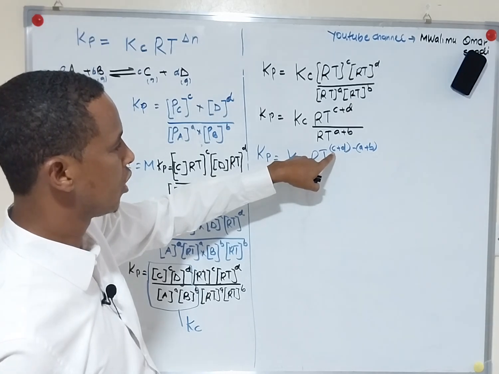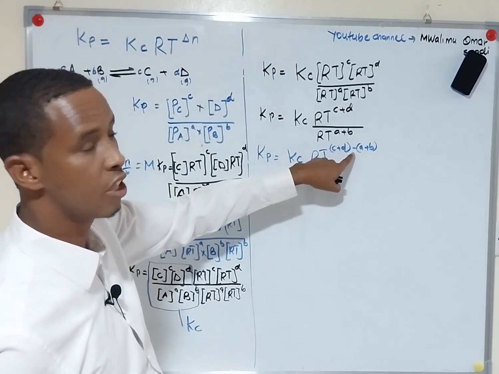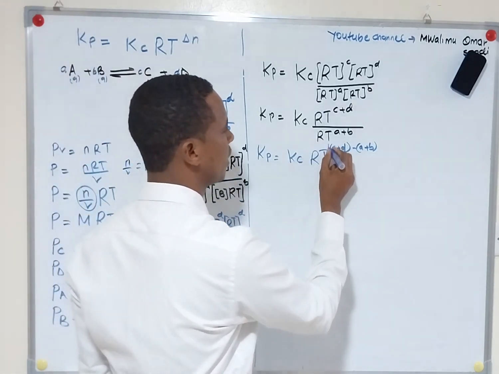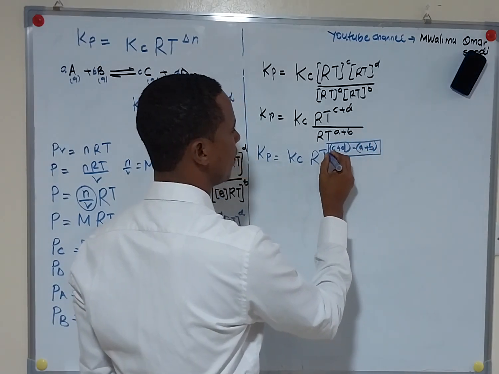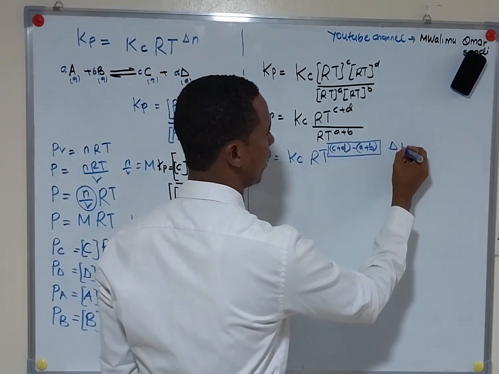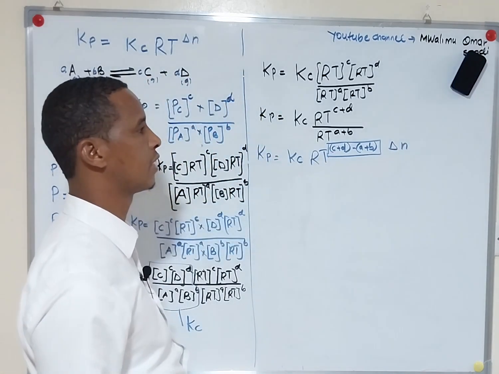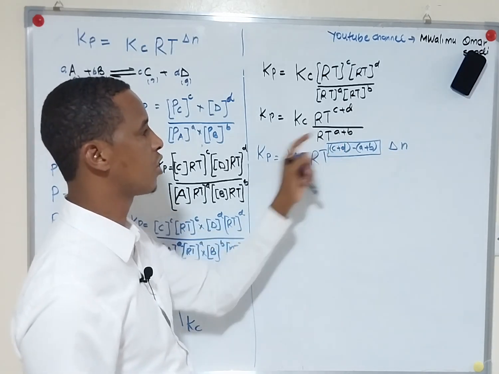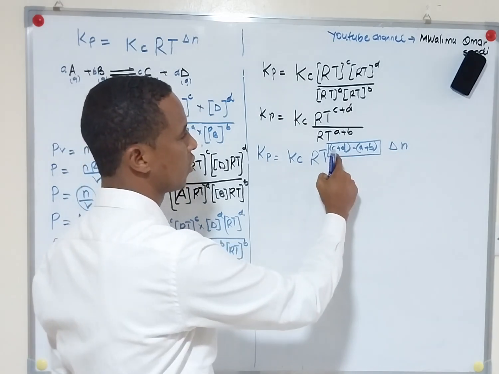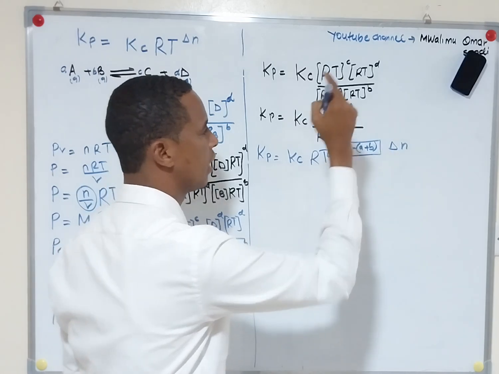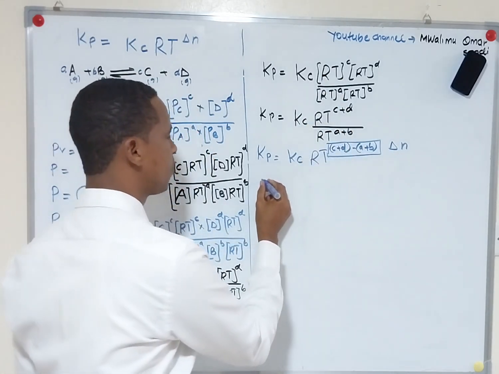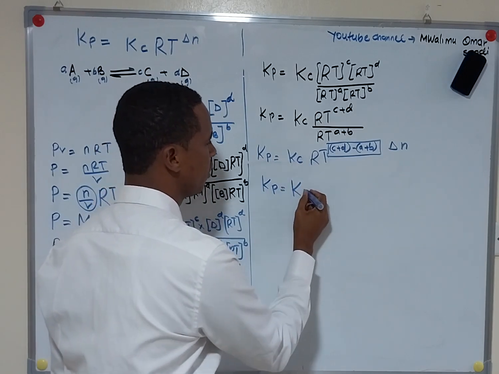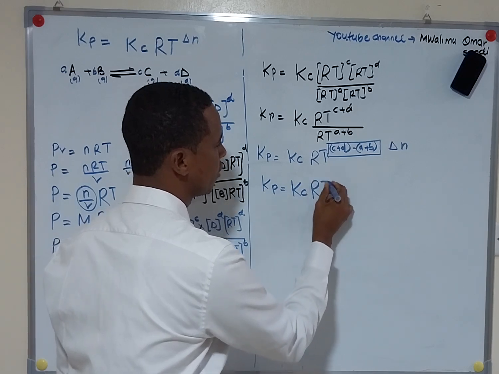And then this will give us the change in number of moles. So we can now replace all of this with change in n, because the power was the mole ratio. So Kp is equal to Kc RT.